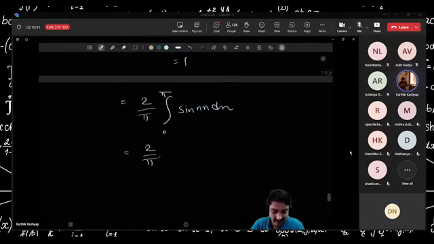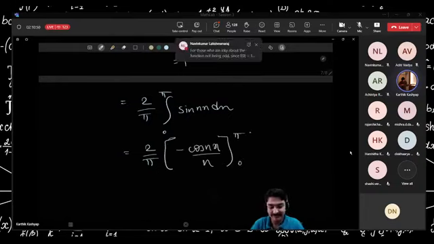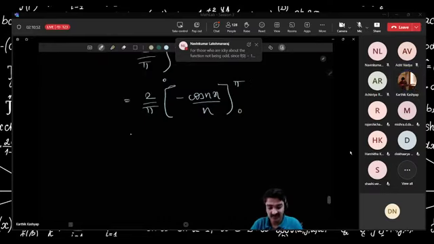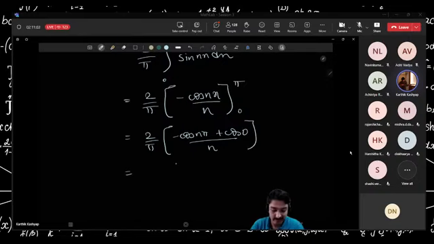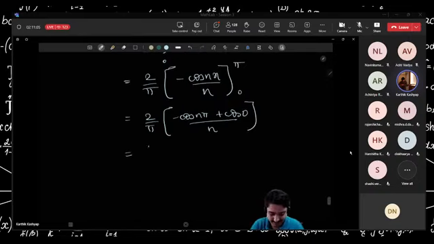So 2 by pi into the integral of sine, which is minus cos nx by n, from 0 to pi. If we substitute, we'll get minus cos n pi plus cos 0 by n. If we take n outside as well, because it is a constant, we get 2 by n pi into cos 0 minus cos n pi.